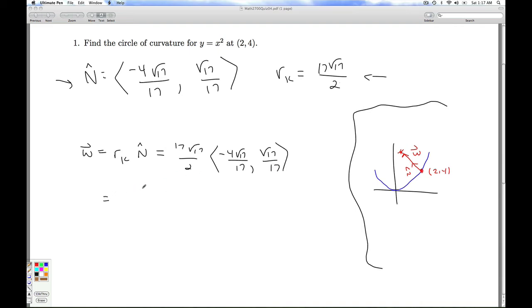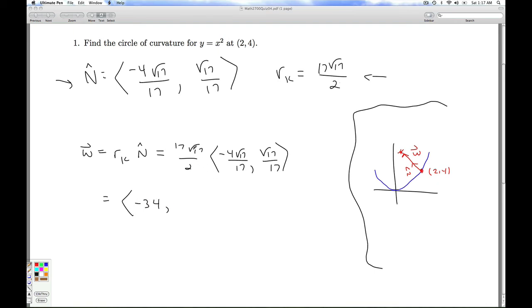So let's simplify that. We'll take this times each of the components and look what's going to happen. The 17s are going to cancel out. I've got a 17 times radical 17, which is 17. I've got 2 going into that, negative 2 times. So I get negative 2 times 17 is negative 34.